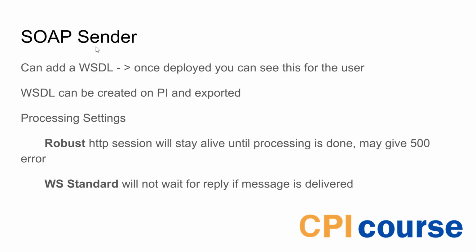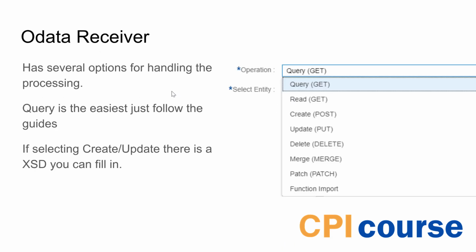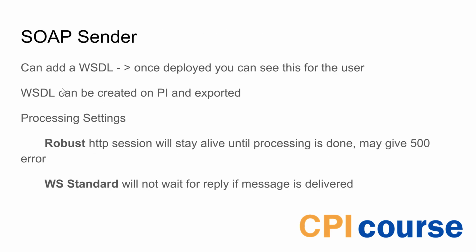So let's see if I did add. And the WSDL can be exported. So once you have deployed it, you will actually be able to see this in the runtime artifacts.